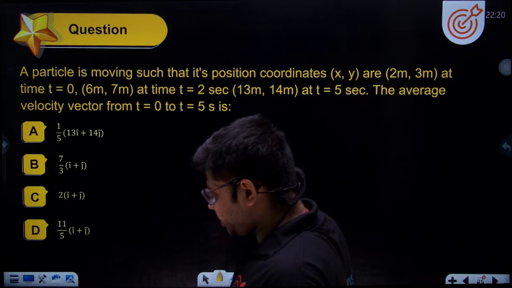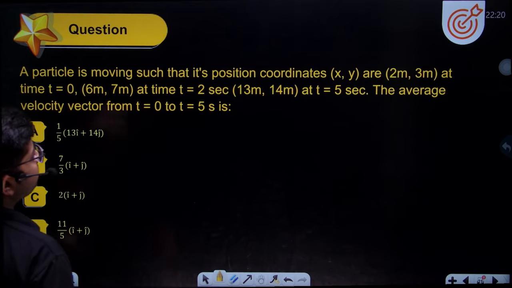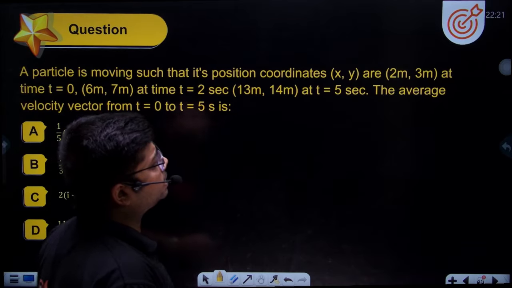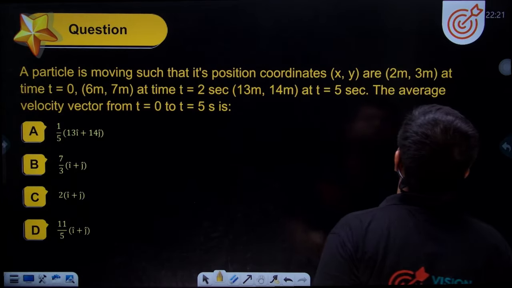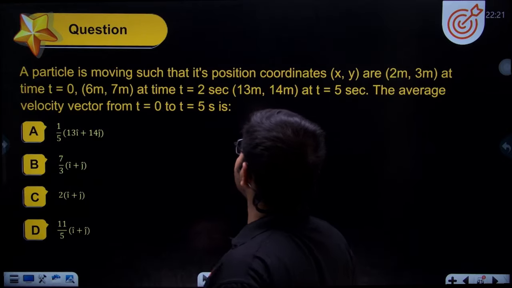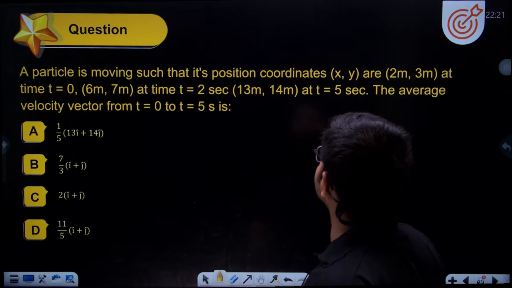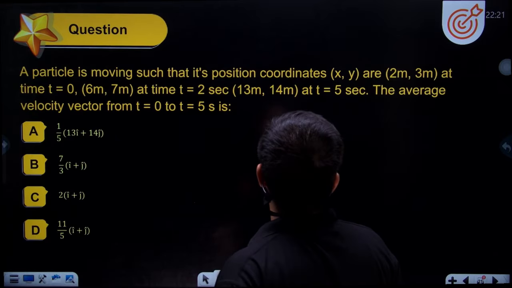Now, this is a very interesting question. A particle is moving such that its position coordinates x, y are 2, 3 at time t equal to 0, 6 meter, 7 meter at time t equal to 2, and 13 meter, 14 meter at time t equal to 5.